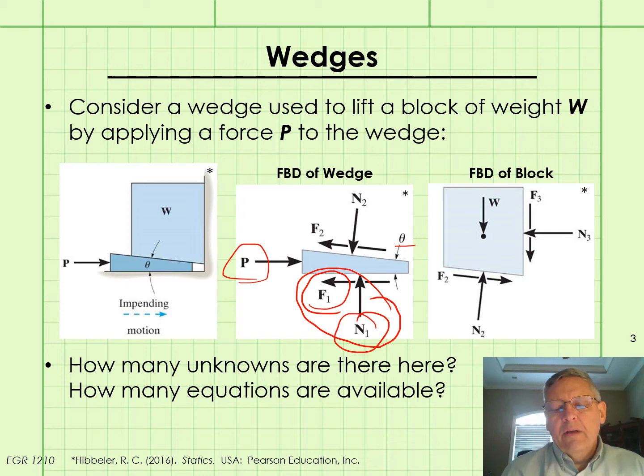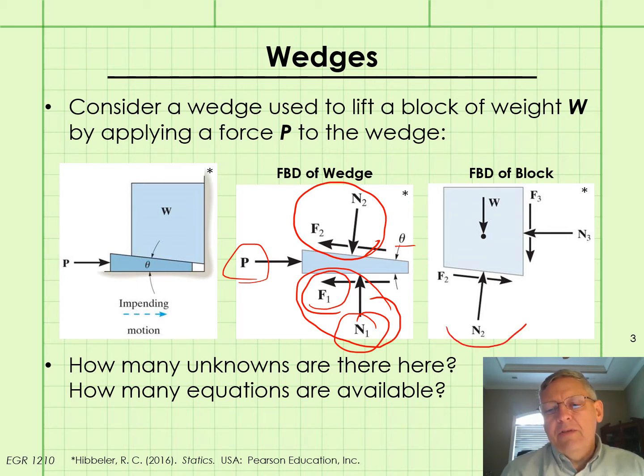Okay, so we have two unknowns. This is another unknown. Again, F sub 2 can be expressed in terms of N sub 2. So that's 3 unknowns.